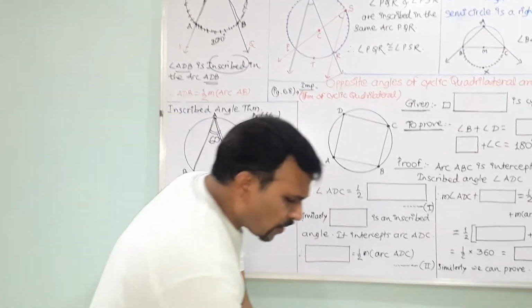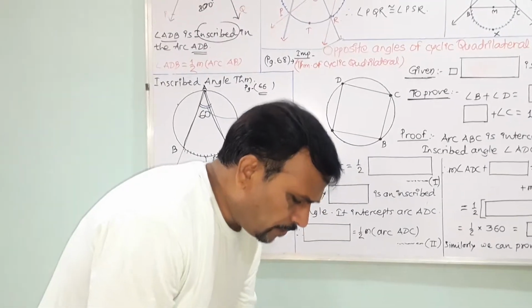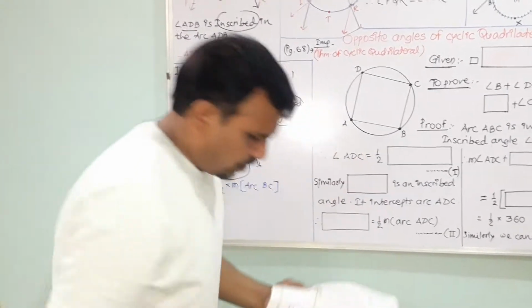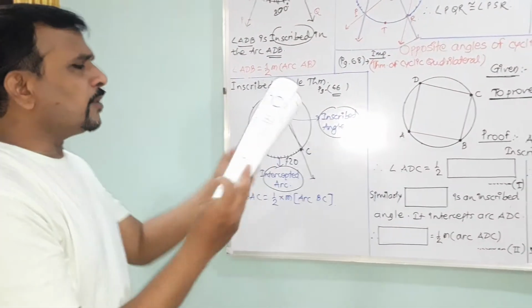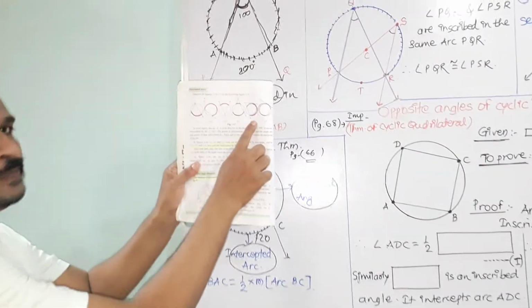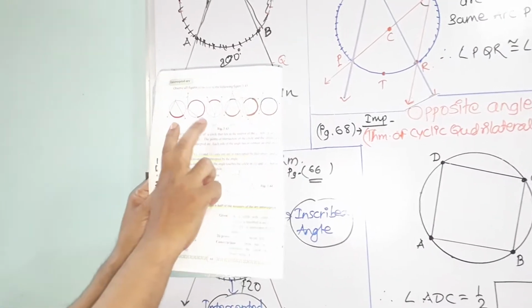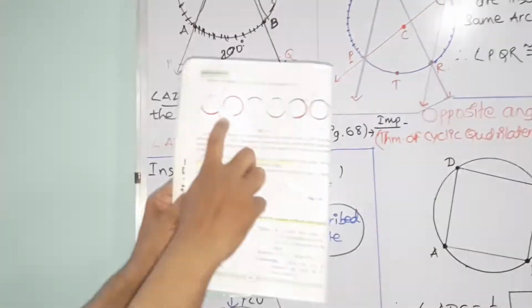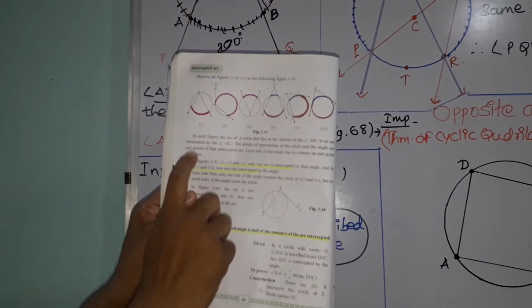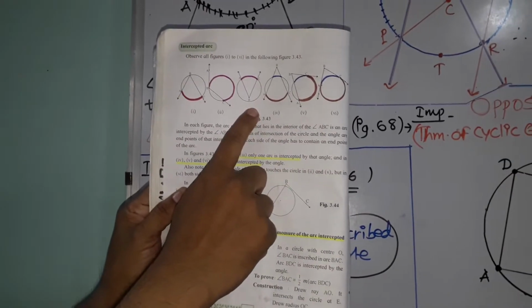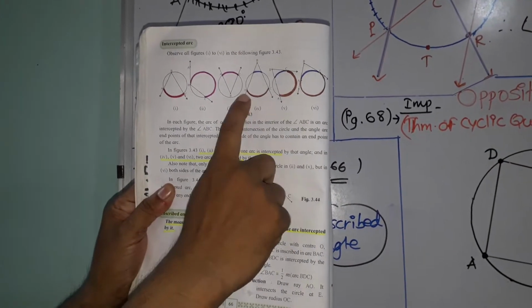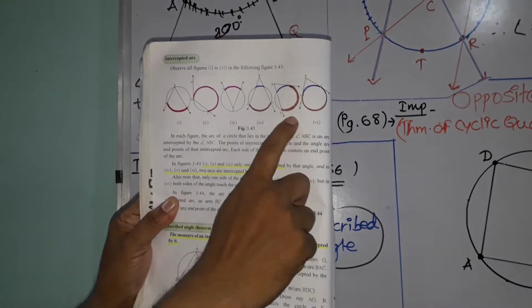In your textbook, some figures are given. See page number 66, 6 figures are given. Out of these, in the first 3 figures, only one intercepted arc is there, in figures 1, 2, 3, and in the next 3 figures, 2 intercepted arcs are there.